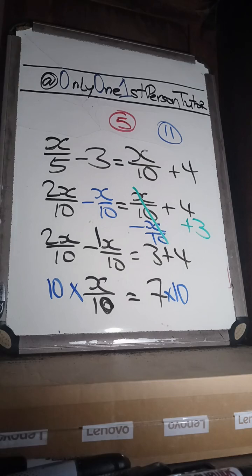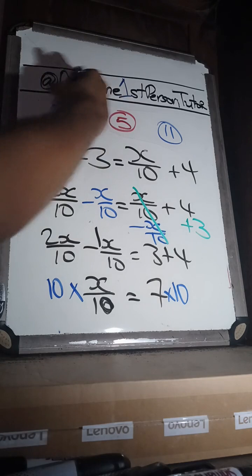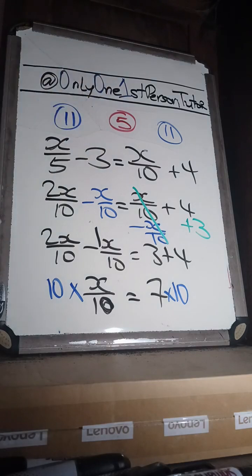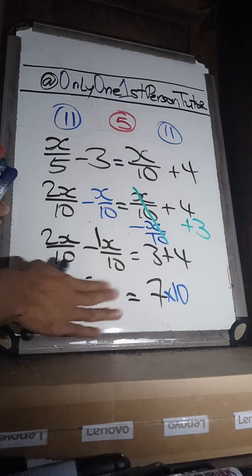Or 70 divided by 10 gives me 7. So 70 divided by 5 must give me twice that amount. So this is going to be 14. 14 minus 3. Yeah, this is going to be 11 too. So therefore our value here, x equals 70, is actually correct.